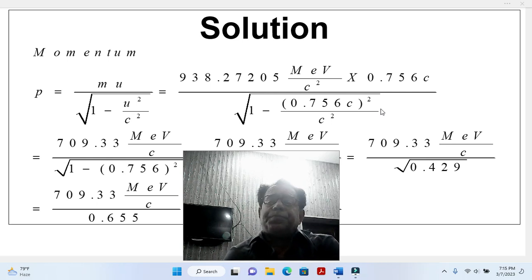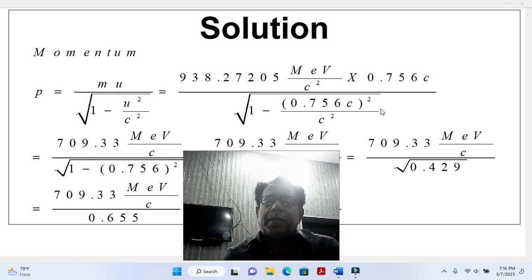Here m is given as 938.27205 million electron volt over c square, as per the table which we have shown in tool number 4. Then u is given in the statement, which is equal to 0.756 c, where c is the speed of light.